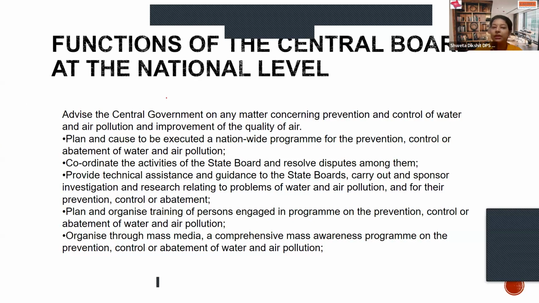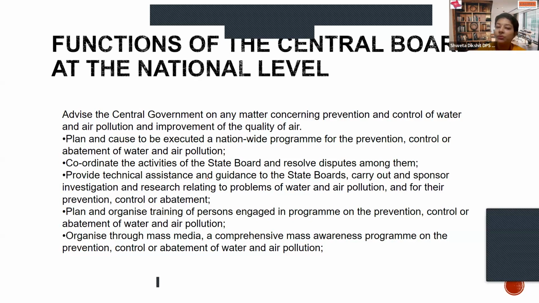They check the quality of air, they also check the quality of water. How do they do this? They plan and find out the causes. Nationwide programs are run for prevention, and they control the various reasons for water and air pollution. They also coordinate the activities.